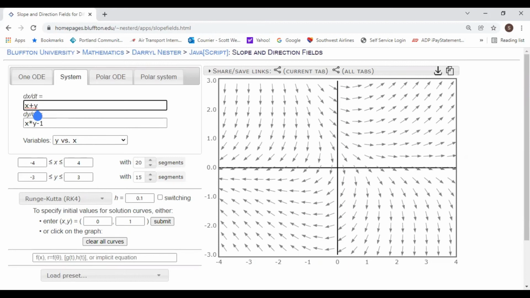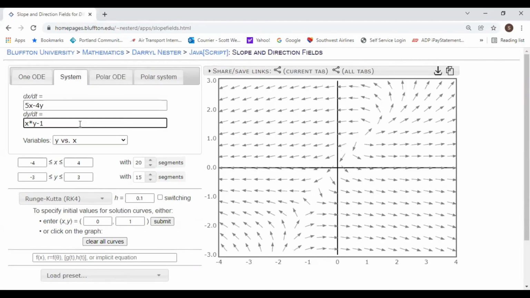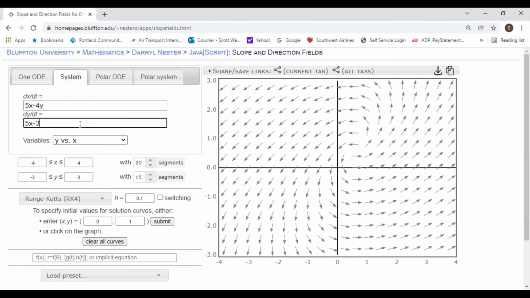So for example A, the differential equation had coefficients 5 and -4 for the x and y on the top, and then on the bottom, it was 5 and -3y.